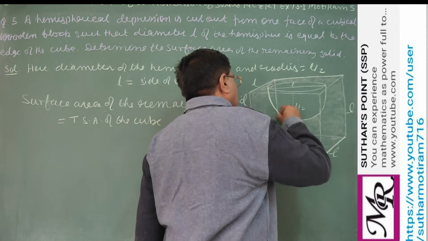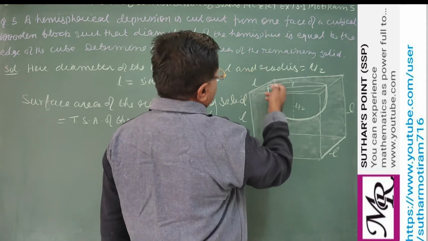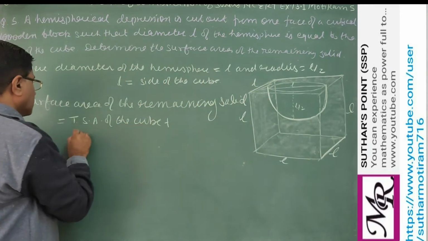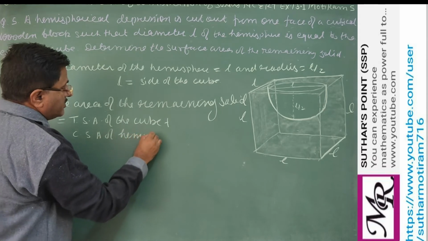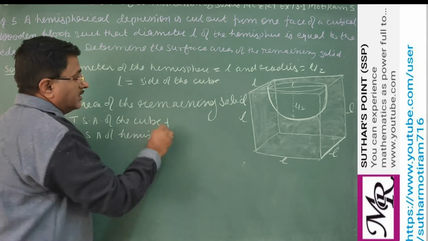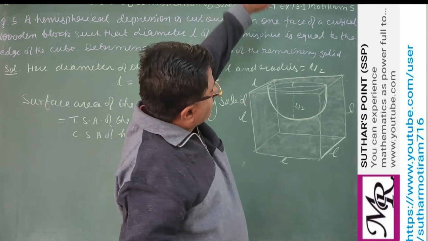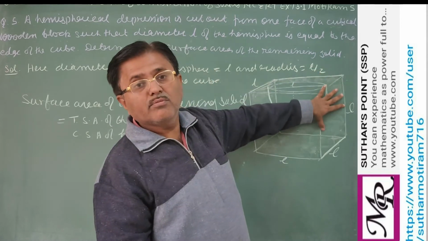Now after removing this portion, you can say total surface area. Now this portion is open, yeah, up to this is open. So surface area we have to find is this, plus the curved surface area of the hemisphere. But when we make the depression, this base area is also removed from the area of the cube.